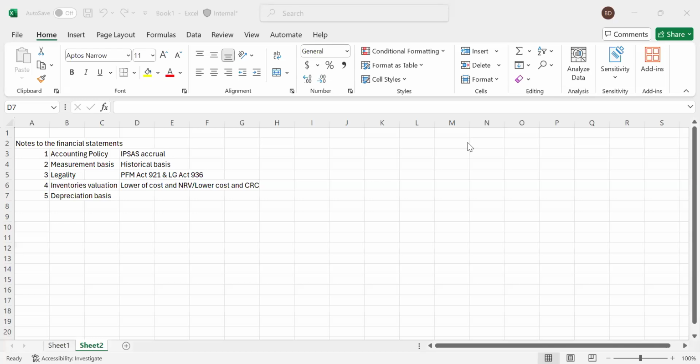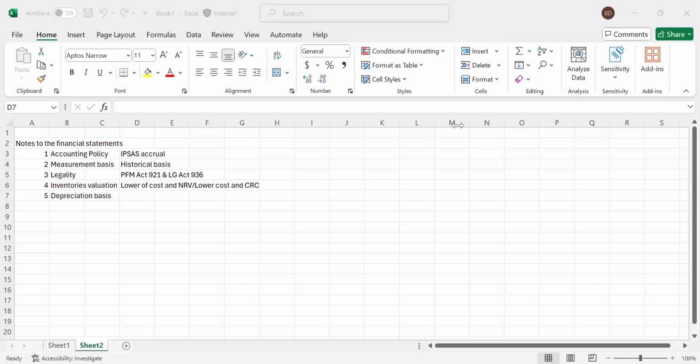So be mindful. Depending on the kind of inventory it is, it will dictate the cost formula you are supposed to use. Any question, please?